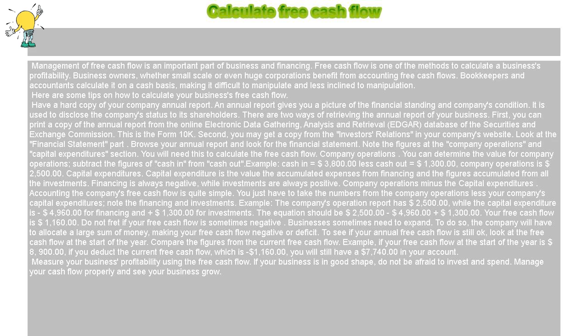Accounting the company's free cash flow is quite simple. You just have to take the numbers from the company operations less your company's capital expenditures. Note the financing and investments.